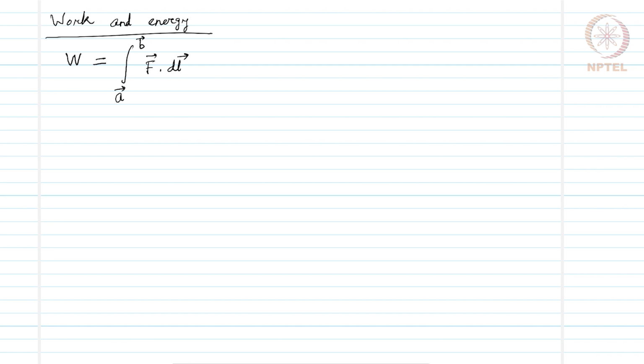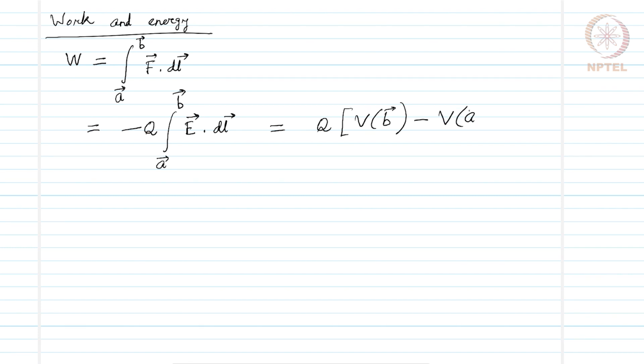In the context of electrostatics, if we consider a charge capital Q, move it from point A to point B under the influence of electric field E, then the work done can be written as minus Q E dot dl, which is, according to the definition of potential, Q times (VB minus VA).